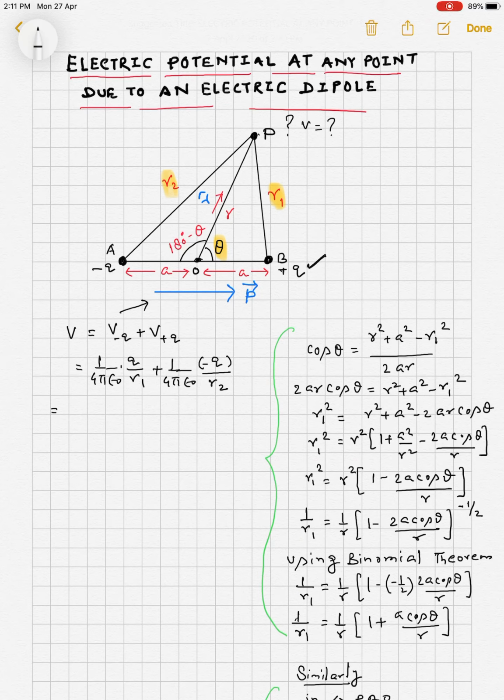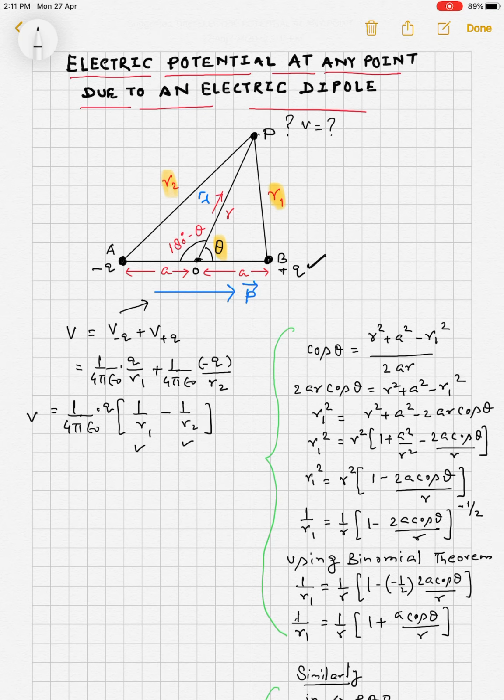So we have 1 upon 4 pi epsilon naught into q taking common, and inside the bracket we have 1 upon r1 minus 1 upon r2. So V is equal to 1 upon 4 pi epsilon naught into q, 1 upon r1 minus 1 upon r2. Now we have to find this 1 upon r1 and 1 upon r2.